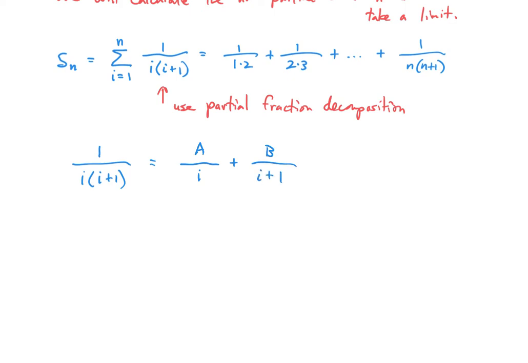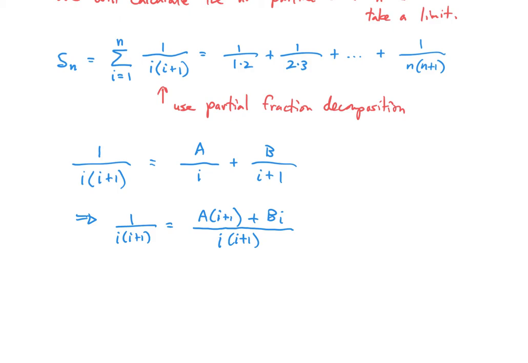When I put it under a common denominator, that's going to give me 1 over i times i plus 1 equals A times i plus 1 plus B times i, all divided by the common denominator of i times i plus 1.